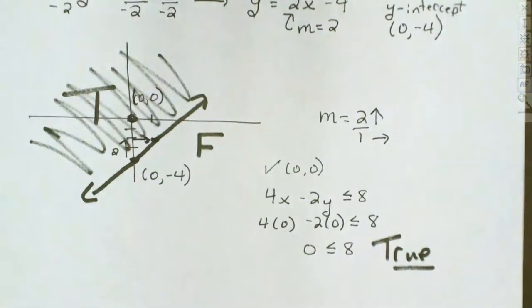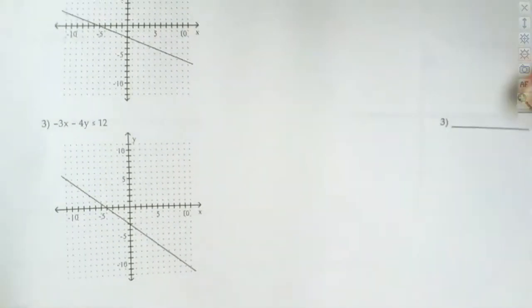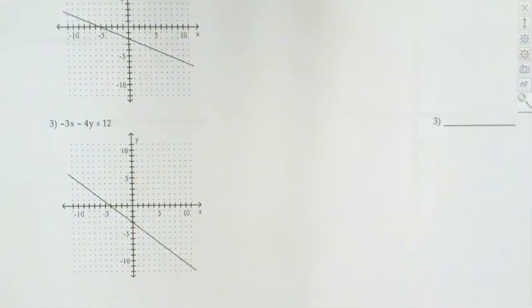I want to look at one of these from our homework, because some of these are already done for you for the most part. Let's look at question 3 in your homework. Now, some of these are already done.